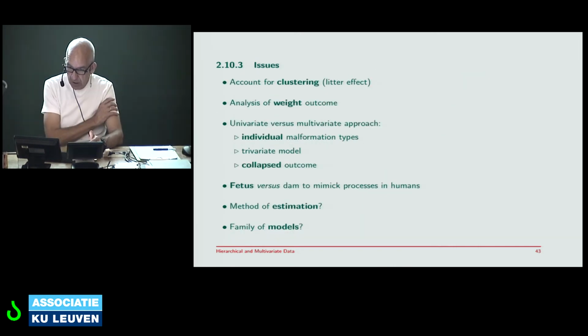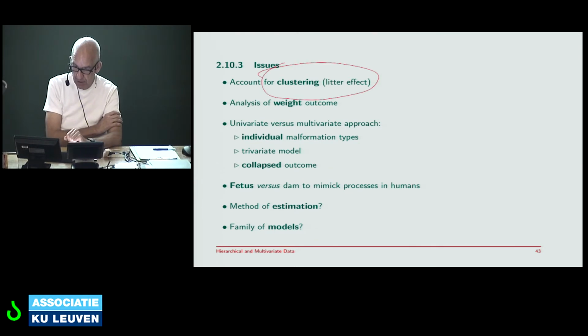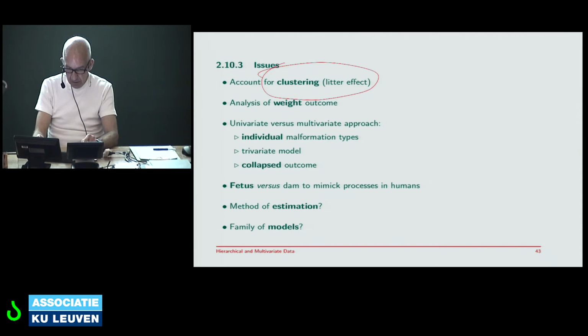Okay, so what are the issues? Of course, there is the litter effect. All fetuses coming from the same mother will potentially be correlated, like the repeated measures we had before, like sepal length and petal length in the iris data set and whatnot. Next, the weight outcome and the other outcomes are not of the same data type.